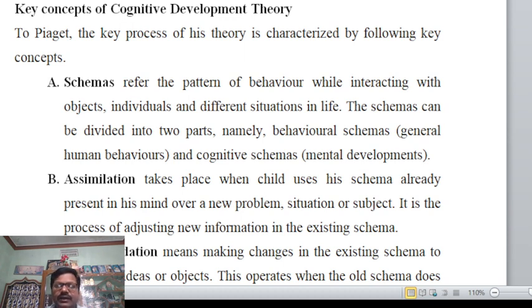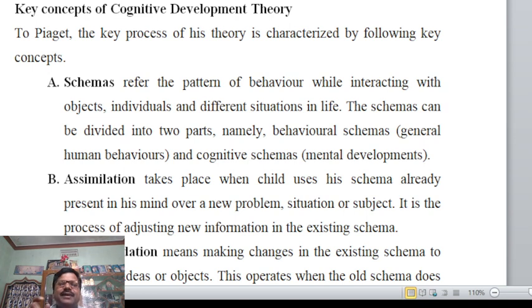Another thing is assimilation. What is assimilation? Assimilation takes place when a child uses his schema already present in his mind over a new problem or situation. When we face a problem, when any kind of new thing has been presented before us, we always try to connect with prior knowledge or prior experiences.